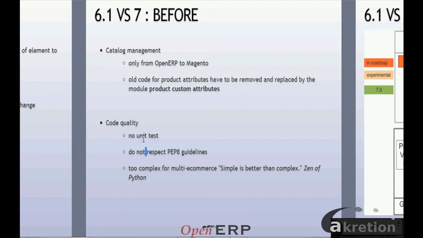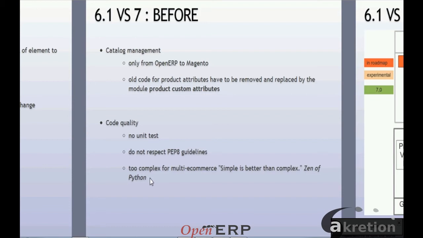It was really hard to use unit tests with the 6.1 version. Also, the connector didn't respect the PEP8 guideline, which is for making the code more beautiful. And to conclude, this version was too complex for multi-commerce. So we really decided to think differently and make it simple.